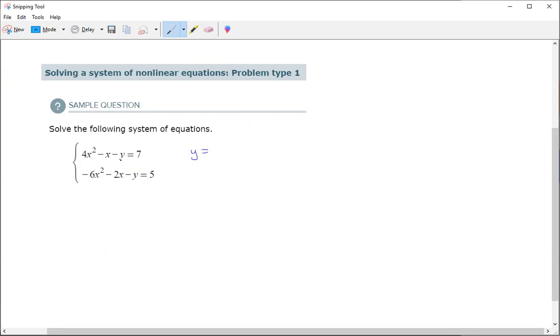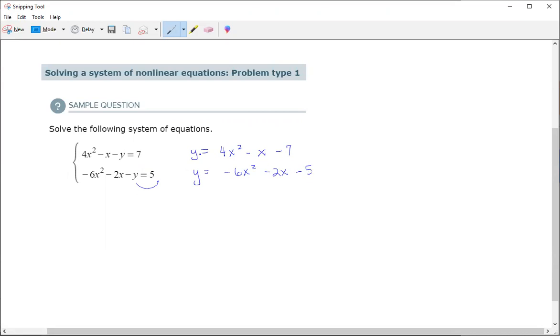And if I move the 7 over here, I would have 4x squared minus x minus 7. And then over here, y equals, so I moved my y over, and I'm going to move my 5 over. So I would have negative 6x squared minus 2x minus 5.